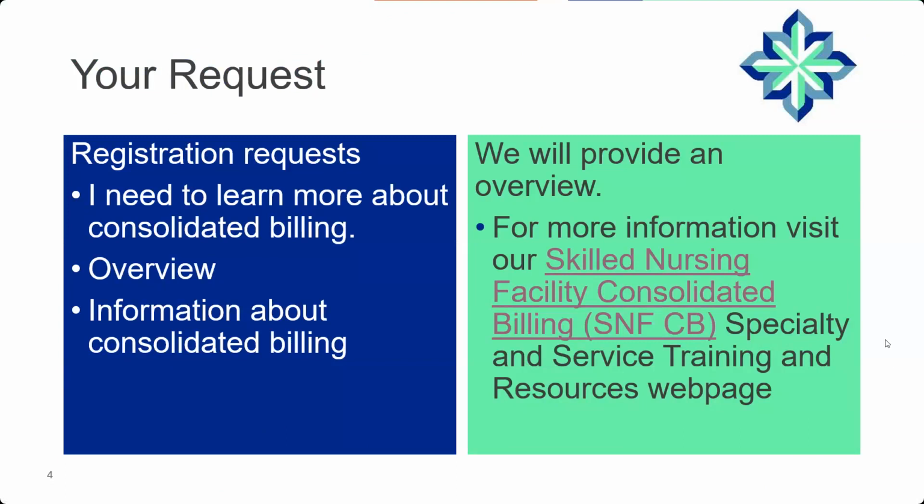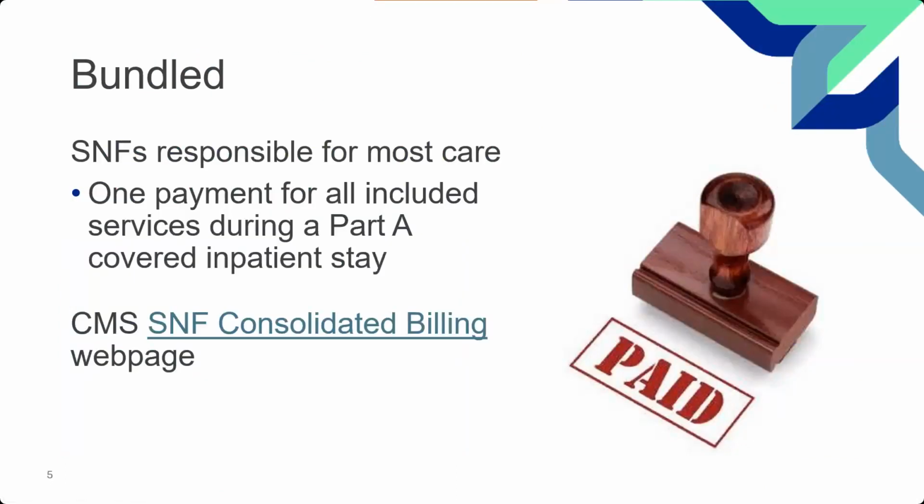All right, let's get started with a little bit of the overview. So Skilled Nursing Facility Consolidated Billing, or SNF CB, is a form of bundling. This is an inpatient bundling. What that means is that the SNF is responsible for most care. The SNF receives one payment for all included services during a Part A inpatient stay.